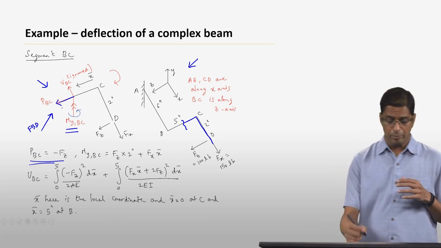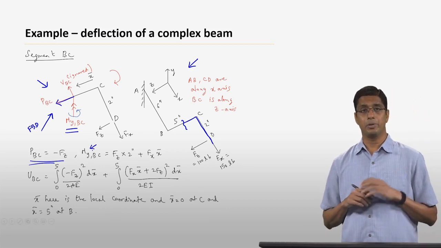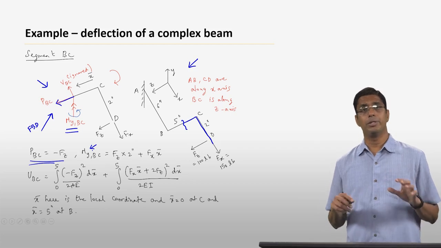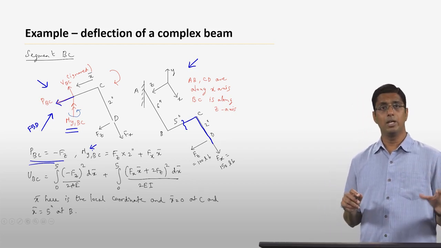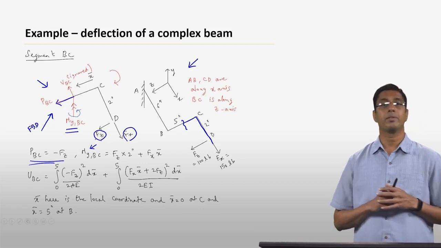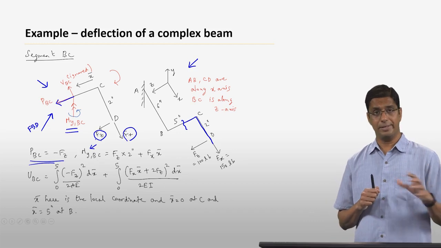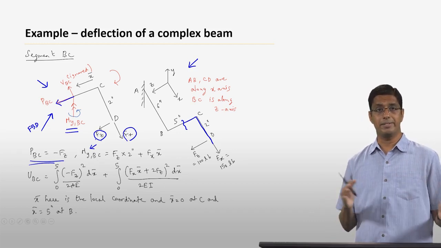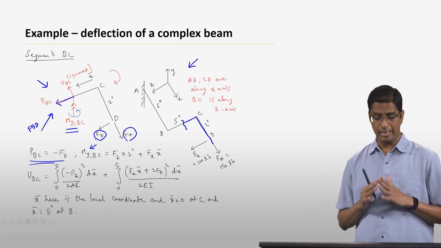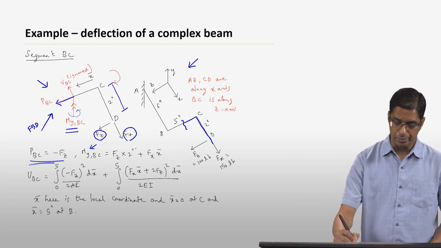Now, the My function for any point between B and C is a little bit more complicated, because you are going to have a bending moment due to both Fx as well as Fz. Okay, the bending moment due to Fz at any point between B and C is going to be a constant. Okay, it just depends on this arm length of CD, which is 2 inches.